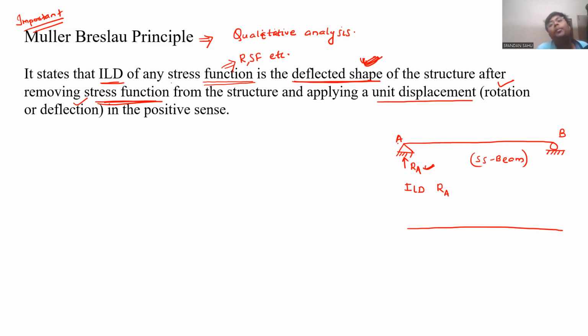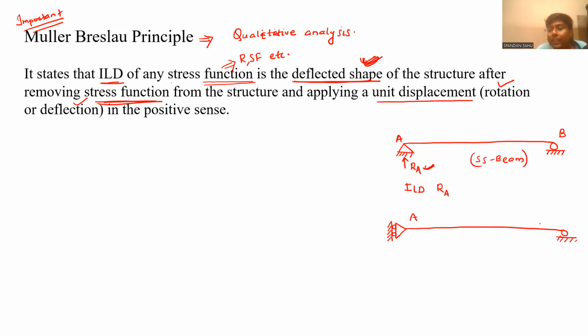I don't know about horizontal, but this vertical movement I want to allow for the given structure. So if we modify the support according to the need, releasing RA, the support will become like this, and the complete structure will become like this.